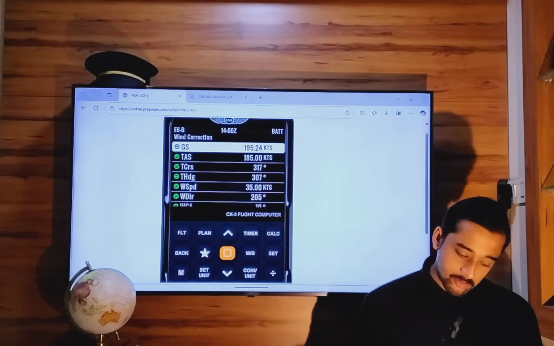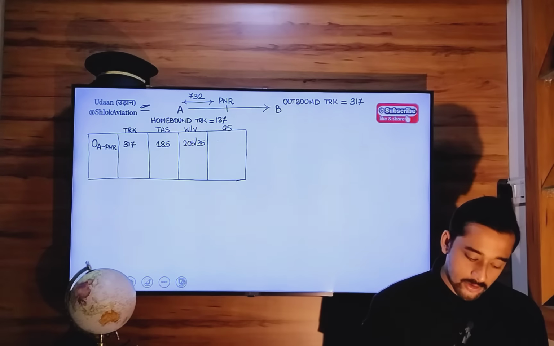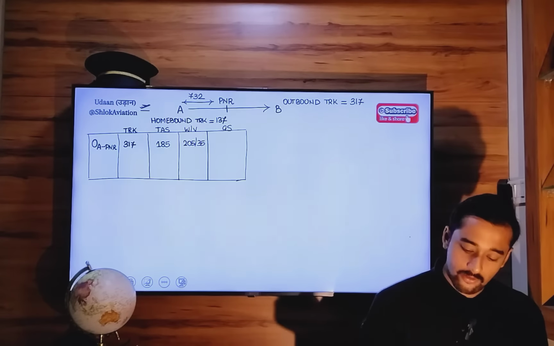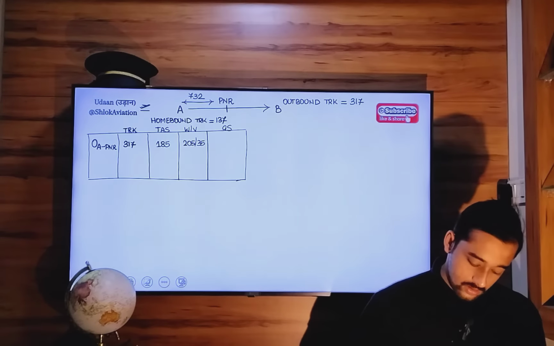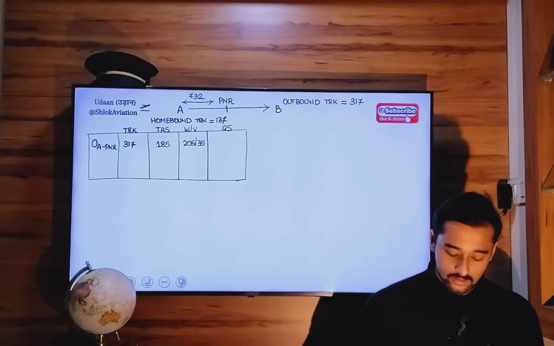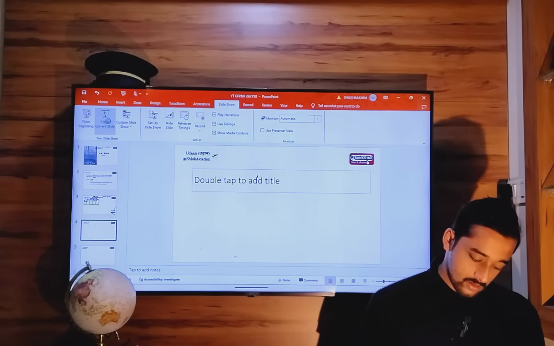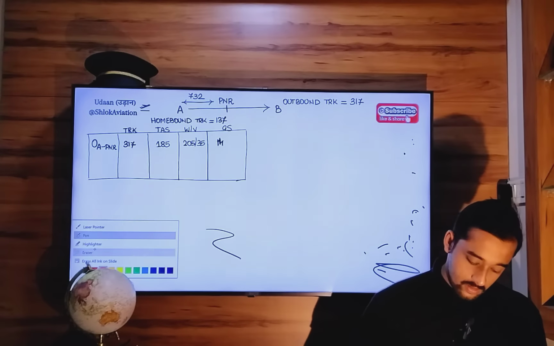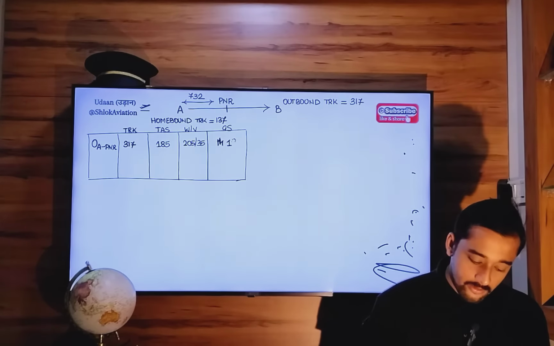So that gives you a ground speed of 195 knots. So outbound ground speed is 195 knots.